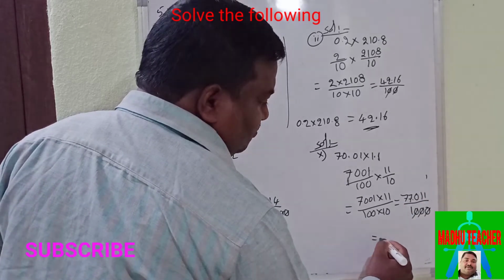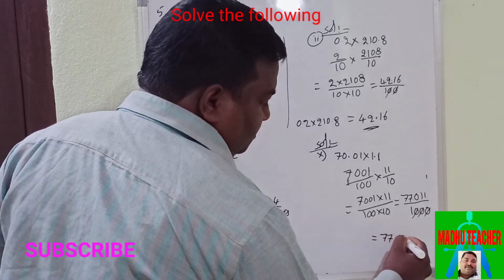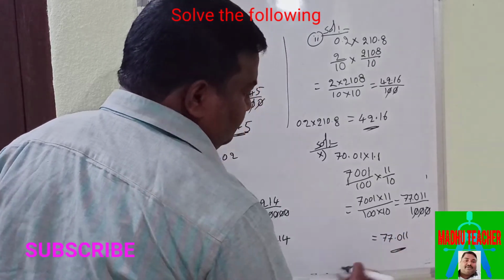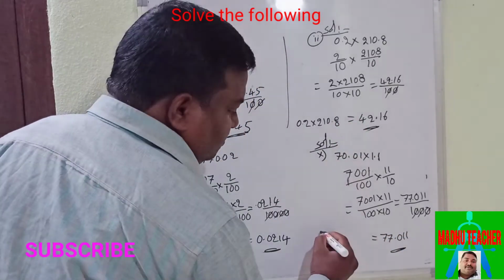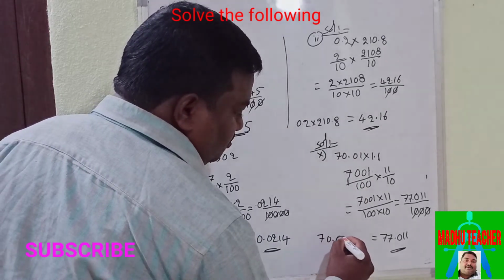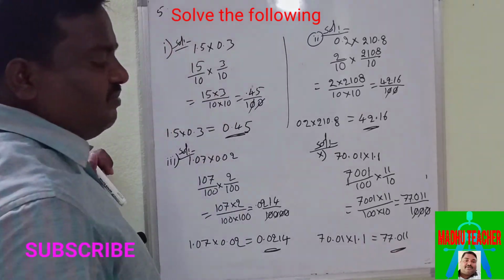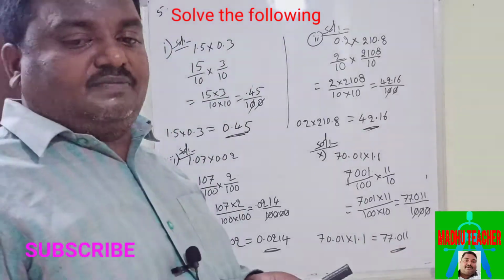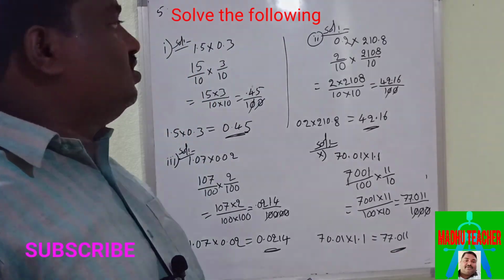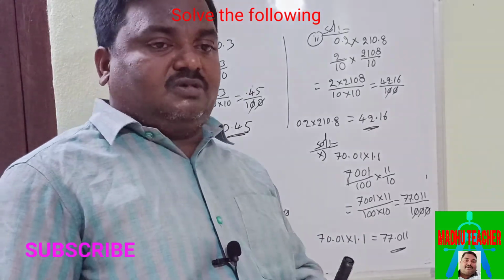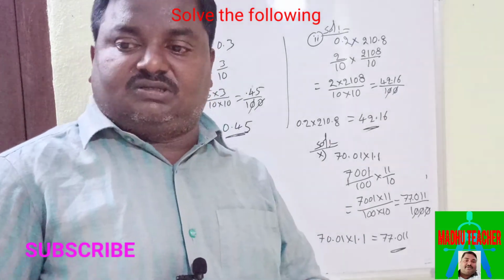So that equal to 77.011. So this is 70.01 into 1.1 equal to 77.011. So in this bit you have to do the remaining, it makes you perfect.